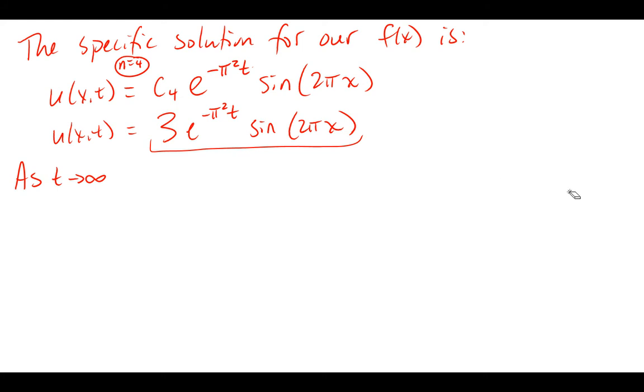But as t gets bigger, pi squared is about 10, and I have a negative there, so I have something like e to the negative 10t.